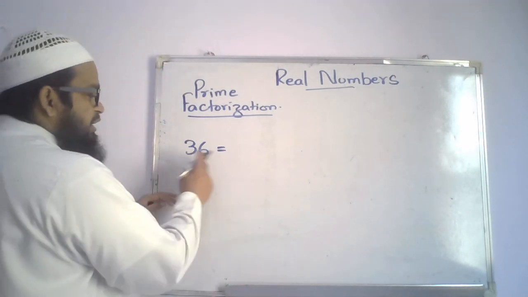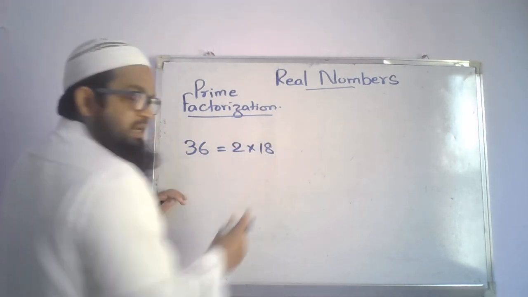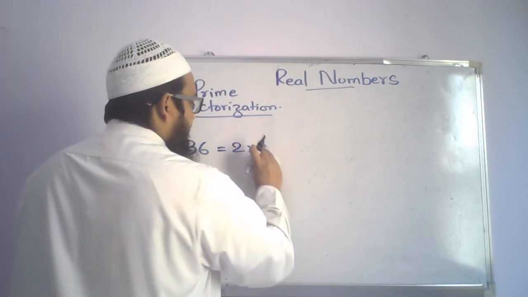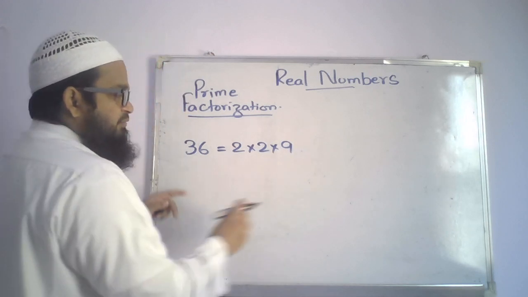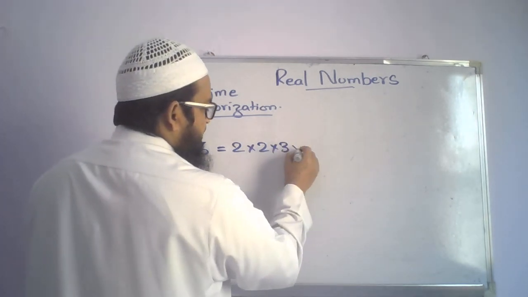For example, how can you write it? I'll write it as 2 times 18, but 18 is not a prime number. So I'll write 18 as 2 times 9, and 9 is not a prime factor, so I will change it to 3 times 3.